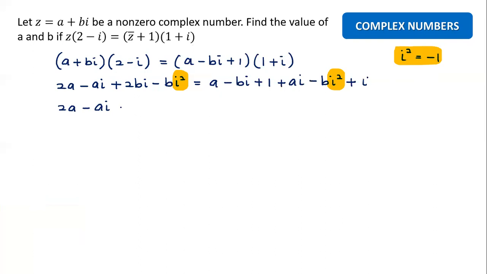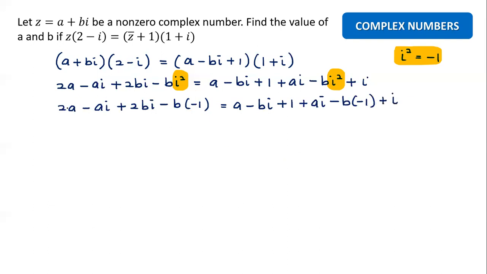If I skip some parts, it will be a problem for the beginner. Minus C, your B, your I square is going to be -1. BI plus 1 plus AI minus B times -1, because I square is -1, and plus I.